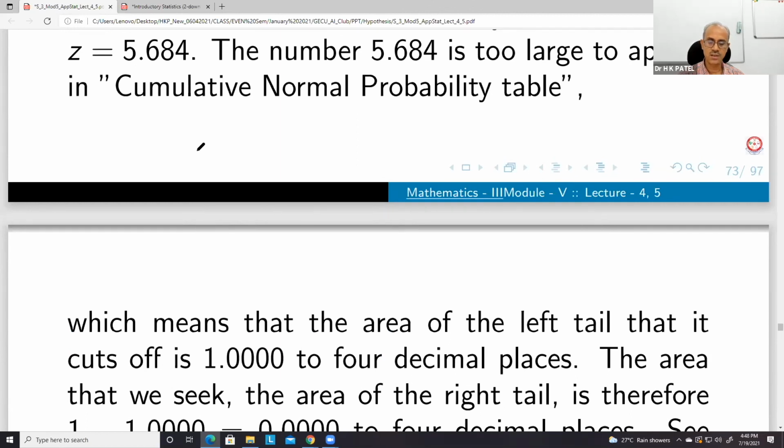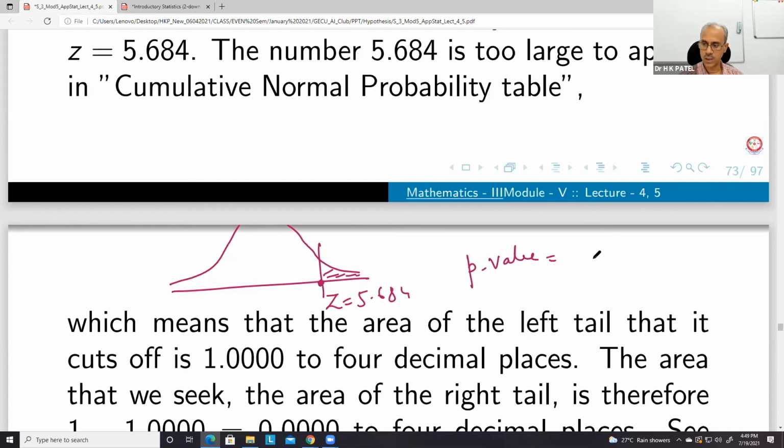Because it is a one-sided problem, suppose this is Z equal to 5.684. We take the area to the right. So the P-value will be equal to the probability of X greater than 5.684.